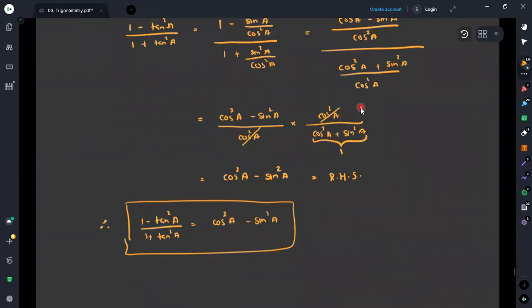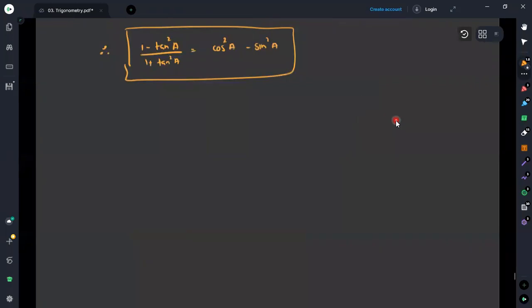And apart from this, we can have the proofs for sine 3A and cosine 3A as well. The next one I will take as the proof of sine 3A, and according to this equation, sine 3A equals 3 times sine A minus 4 times sine cubed A. Therefore, this is what we need to prove.